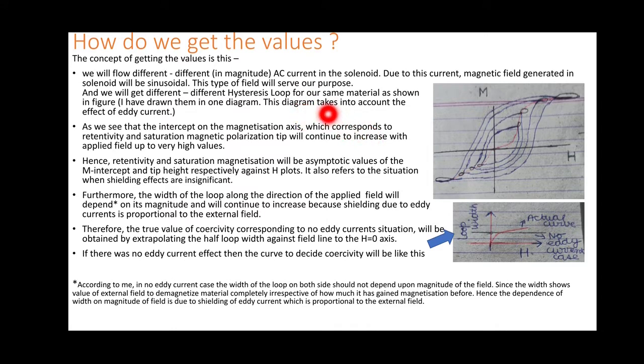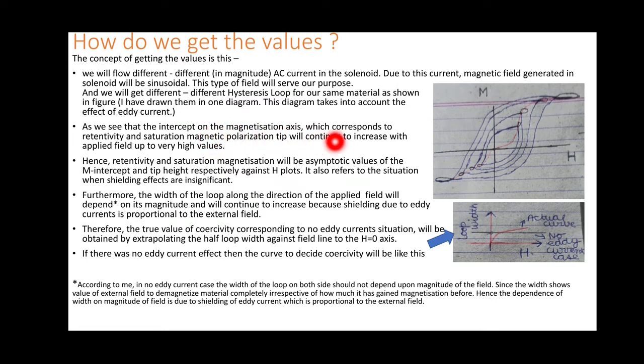This diagram takes into account the effect of eddy current also. Although this is not the saturation case because I have not increased the field up to a higher value. So, as we see, the intercept on the magnetic axis, which corresponds to retentivity, and the saturation magnetization will continue to increase with the applied field up to a very high value.